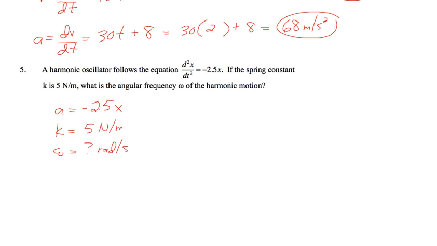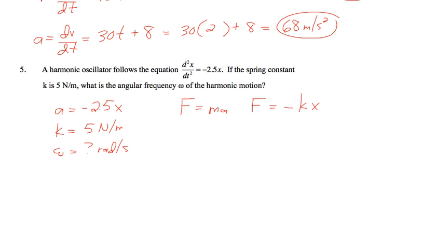So if I look at what I have here, they're giving me a, so maybe I'm going to have to use Newton's second law, because I know that formula has a in it: F equals ma. And I also have the formula that involves k, which says that F equals minus kx.